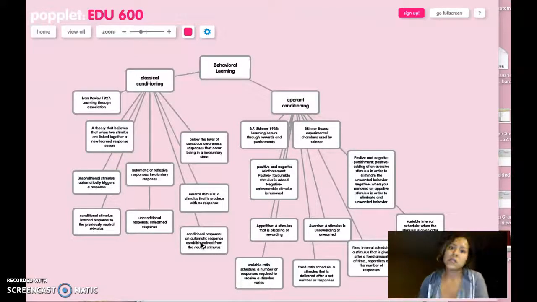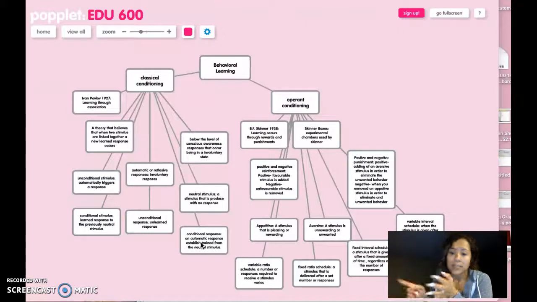So in other words, from Pavlov ringing the bell, the dogs associated the ringing of the bell with the meat. Whenever the bell was rung, the dogs began to drool.